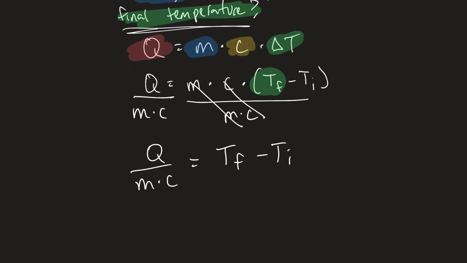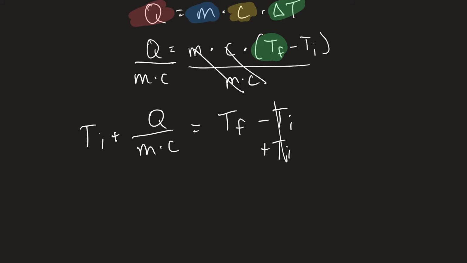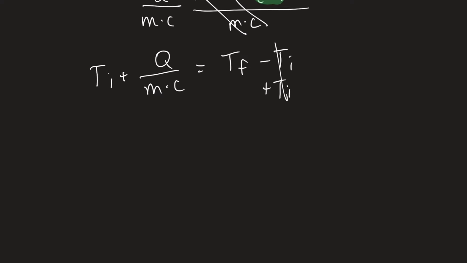I want TF to be by itself, so I'm going to move the TI to the other side. So basically what I have is TI, the initial temperature, plus Q over M times C equals my final temperature. So that's the equation that I'm going to use.